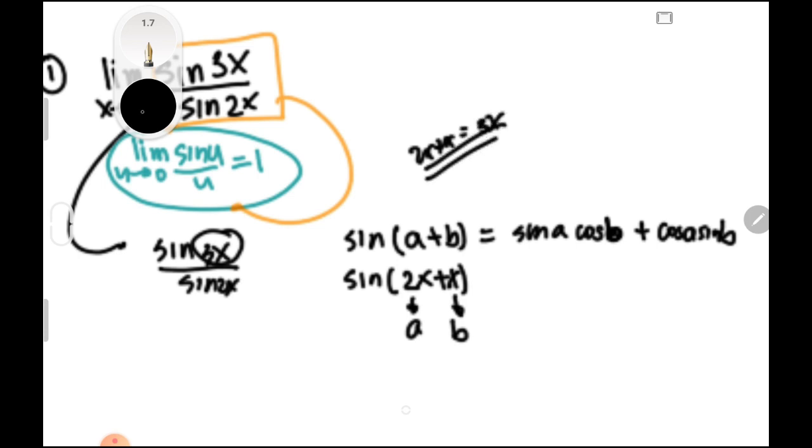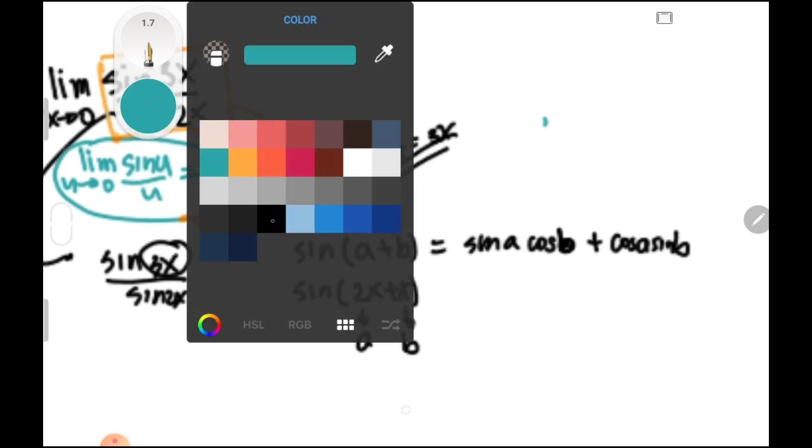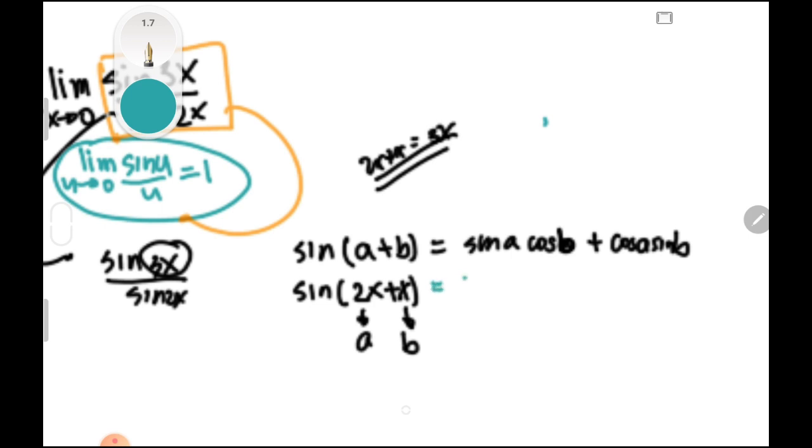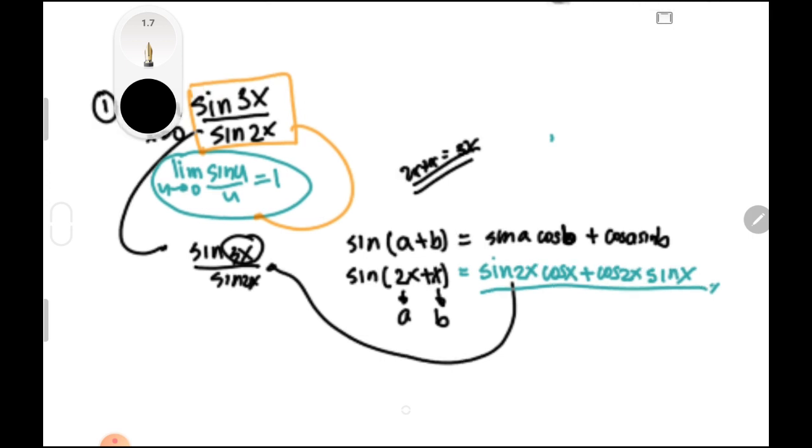So therefore, we can have the value of our sine A, which is sine 2x, cosine B, which is cosine x, plus our cosine 2x sine x. Okay? So after evaluating this term, I may substitute it into my function because they are just equal, right? Because sine of 2x plus x is equal to sine 3x.